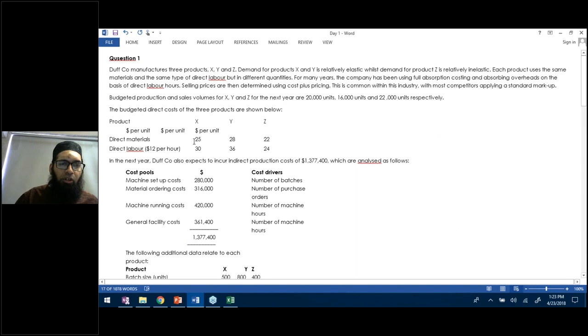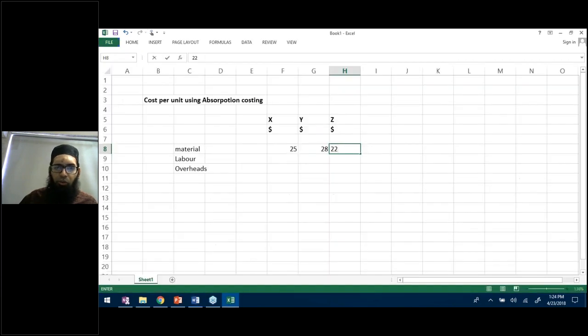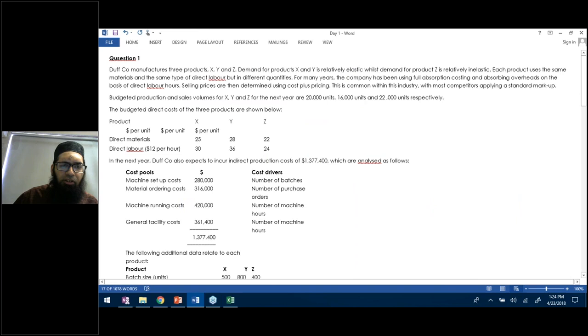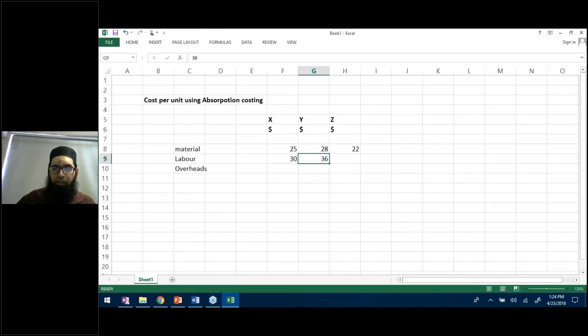So it is 25 for X, 28 for Y, and 22 for product Z. And as far as labor is concerned, it is 30, 36, and 24. Now talking about the overheads, this will be based on the absorption costing. So I will be working out overheads.